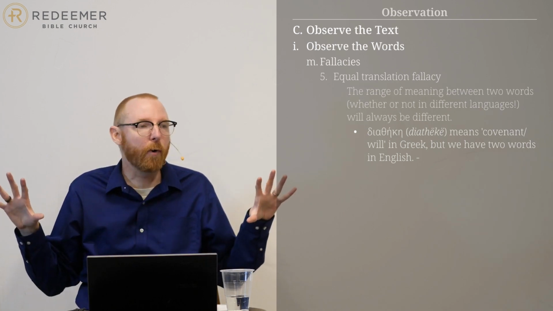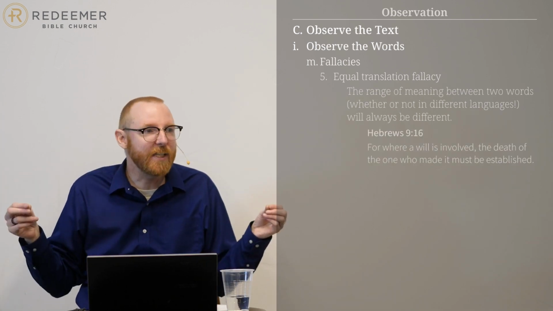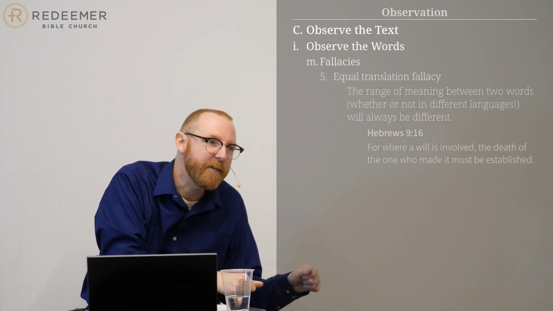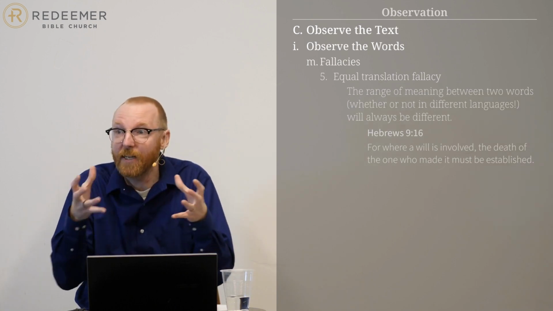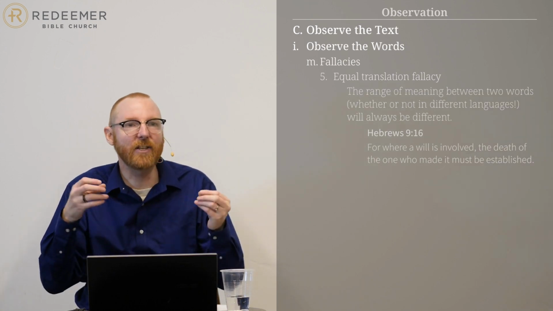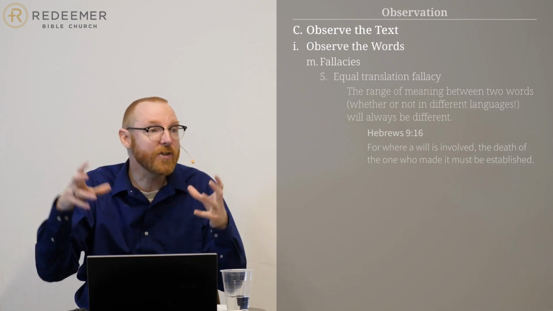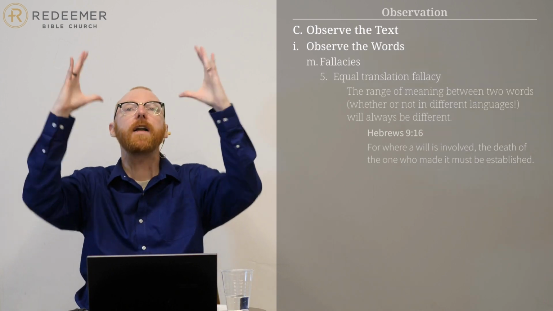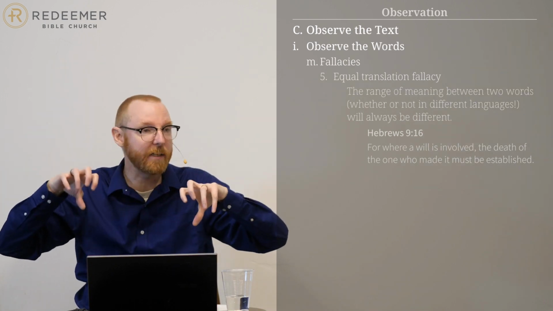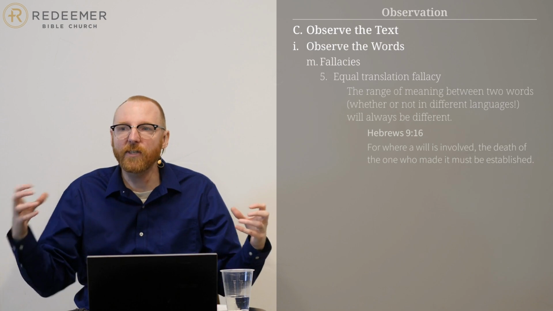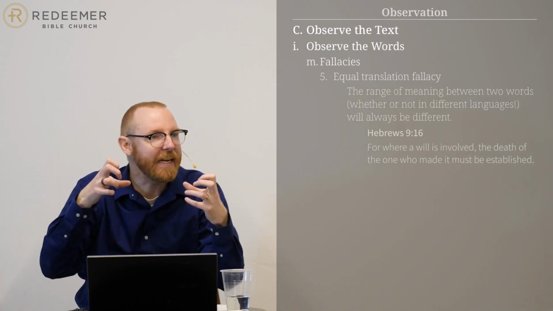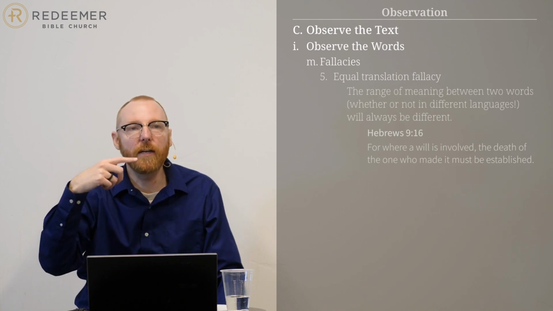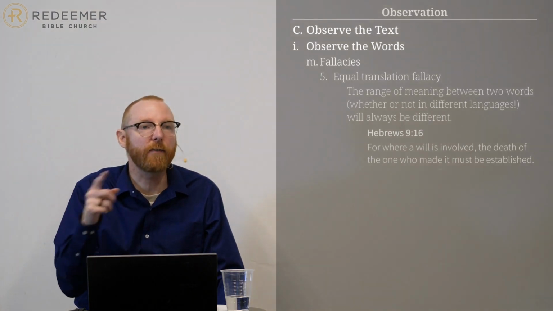So if you're going through Hebrews, it's kind of confusing because sometimes it gets translated will and sometimes covenant, but it's the same word in Greek, okay? You just have to understand that if you're going to understand that passage in Hebrews where he's really breaking down will and covenant, because they have one concept and we have two. Now, you can understand how a will and a covenant are related, but if you're translating that, you got to translate with two different English words.